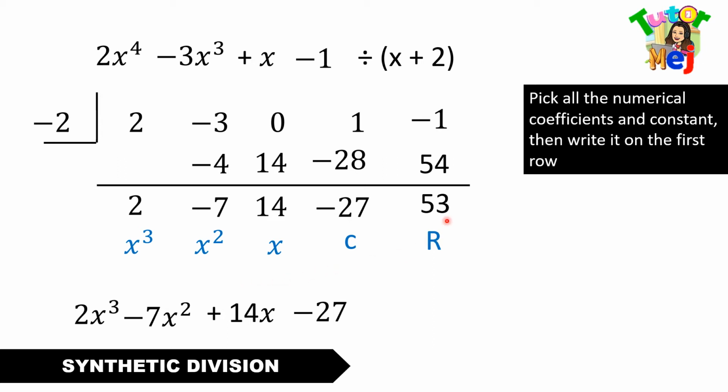Now with the remainder, we are going to pick 53 as our numerator, and then our divisor will be the divisor given in the expression. So we have x plus 2. Therefore, dividing now 2x to the fourth minus 3x cubed plus x minus 1 divided by x plus 2, we will have 2x cubed minus 7x squared plus 14x minus 27 plus 53 over x plus 2.